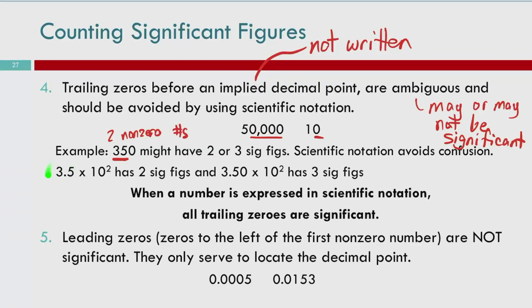If we write it as 3.5 times 10 to the 2, it's 2 significant figures. Notice we didn't write a 0 after the 5. Trailing zeros after a written decimal point are significant. We didn't write one. We just have the non-zero numbers, 2 significant figures. If we write it as 3.50, we've added that trailing 0. We've got a written decimal point, so it's significant.